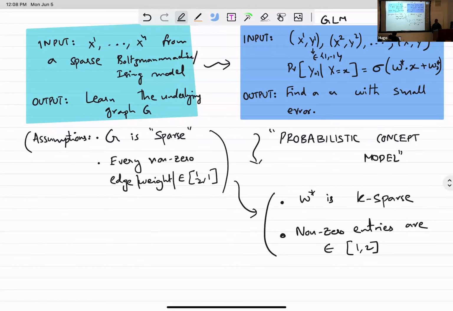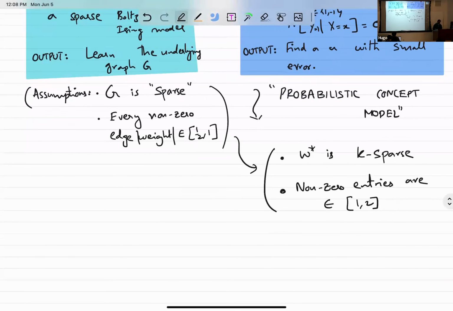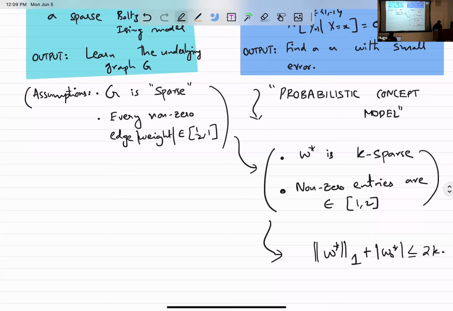Okay. And we said these two together imply that the L1 norm of W star is less than or equal to 2. In fact, this is with the constant. Let me say O of K. Yeah, this is fine. Okay.